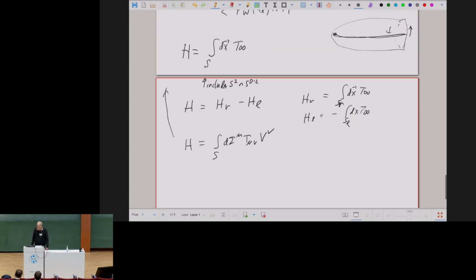So now we know that HR is the operator that generates a rotation just on half of the initial value surface. Remember, this picture is the one that computes rho r. Rho r is computed by a path integral on that picture.